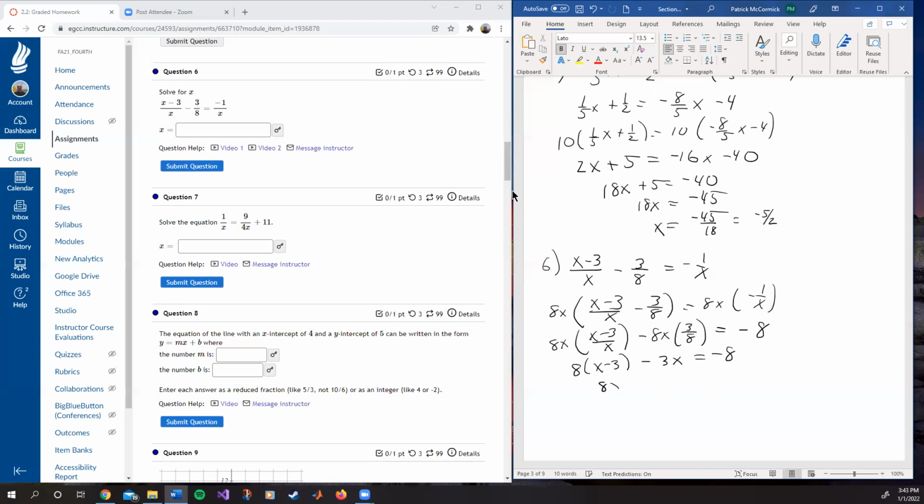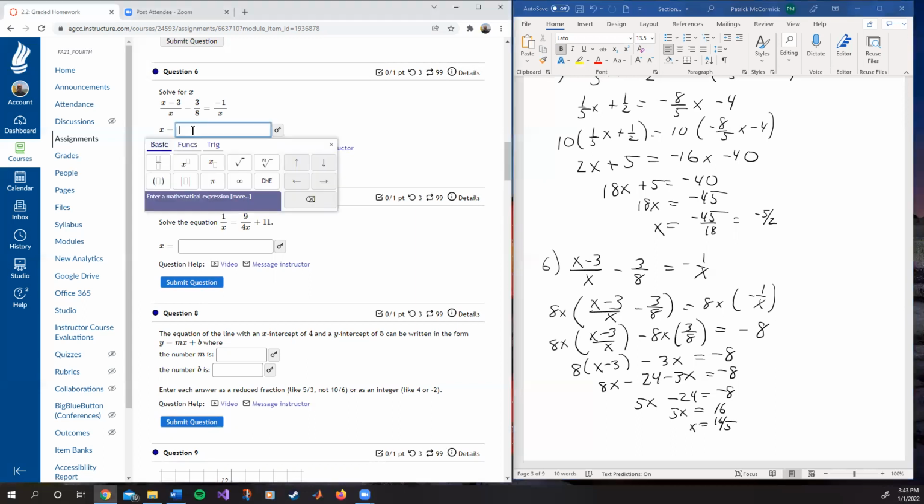Now I'll distribute that: 8x minus 24 minus 3x equals -8. Let's combine some like terms. So 8x minus 3x is 5x. Add the 24. So 24, we get 16. So x is equal to 16/5. So there we go.